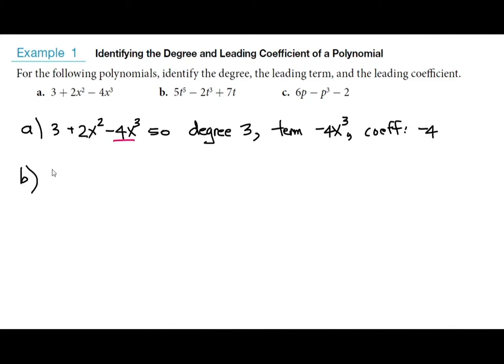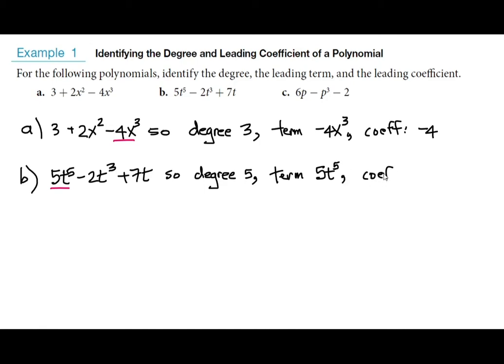In part B, we have 5t to the power 5 minus 2t cubed plus 7t. And again, this first term is the term with the highest exponent. So the degree in this case is 5, because the degree is the highest exponent. The leading term, well, that's the whole first term, 5t to the power 5, and the leading coefficient is 5.